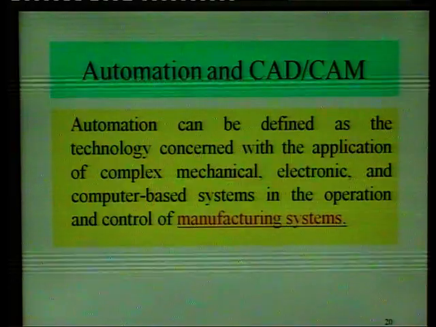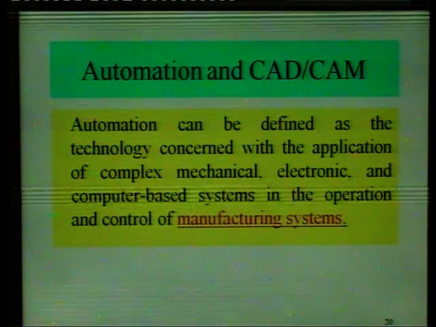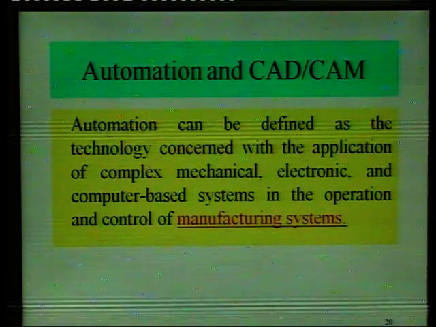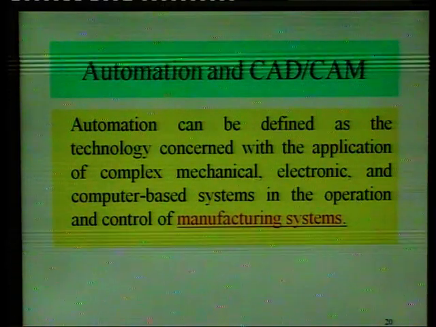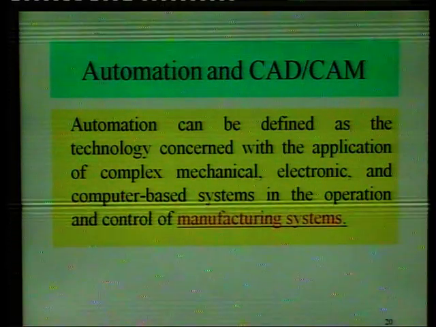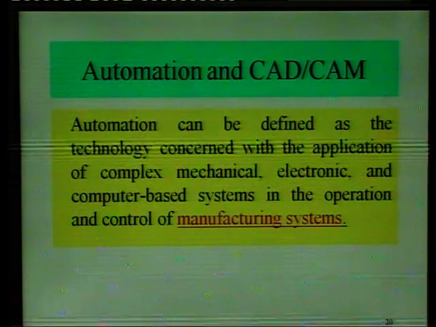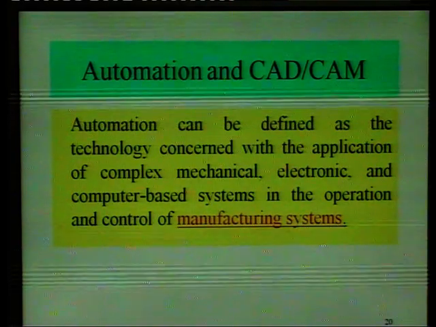So, what does automation do exactly? If we compare a manual machine and an automated machine, we will notice that the major difference in these two machines is not in how they do their major job, that is machining. The difference is how they are controlled.